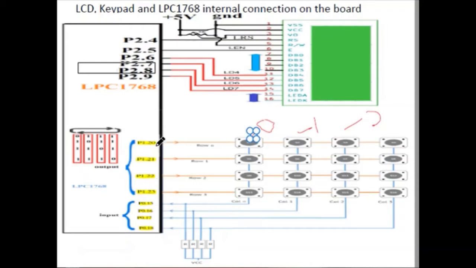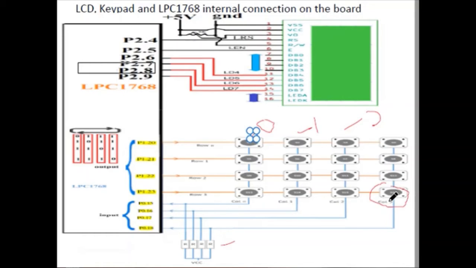So we are reading the values through these row values, and by default these are grounded, the brown one, and all the columns by default are connected to VCC through the limiting resistors, as you can see here, right?